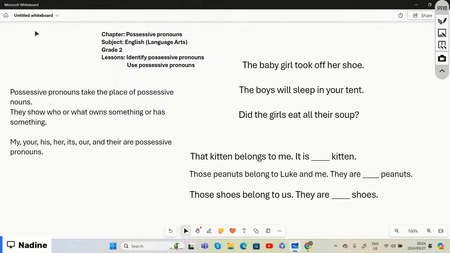And the lessons that we are going to be focusing on under the chapter of possessive pronouns is to identify possessive pronouns, and to use possessive pronouns. So we're going to identify possessive pronouns, and we're also going to use possessive pronouns. That is going to be our lessons for today under the chapter of possessive pronouns.